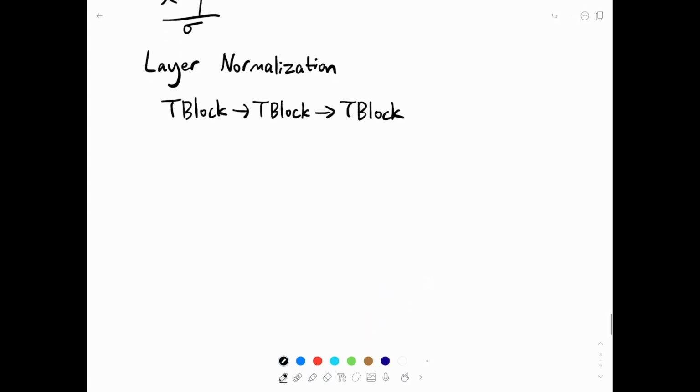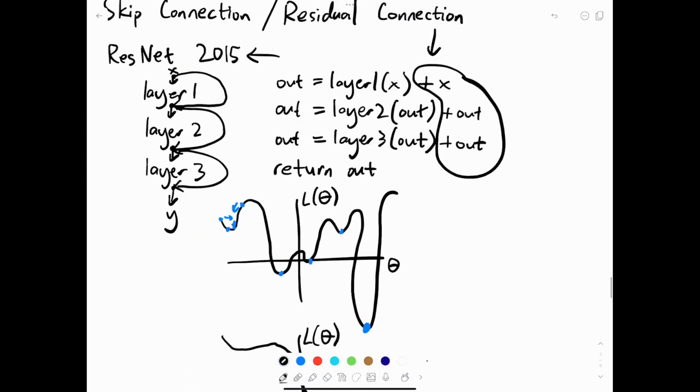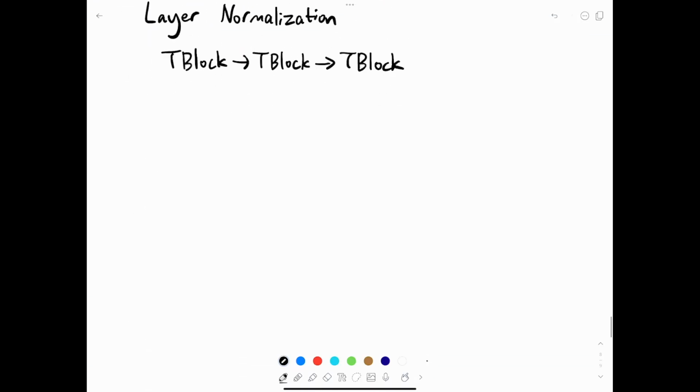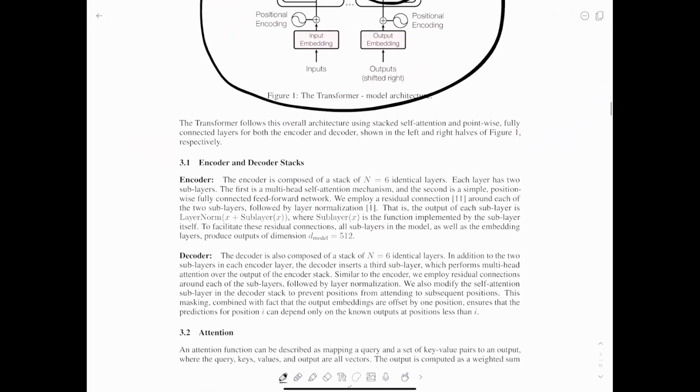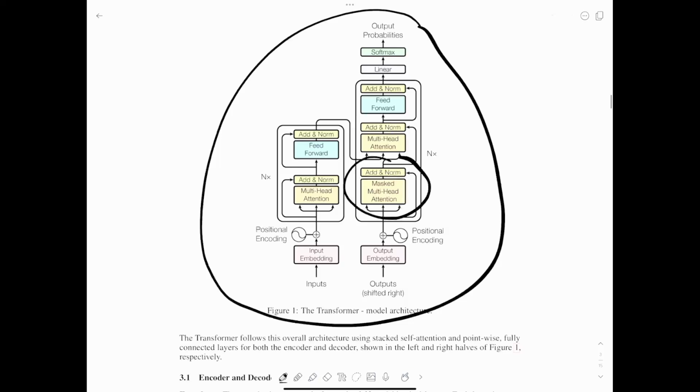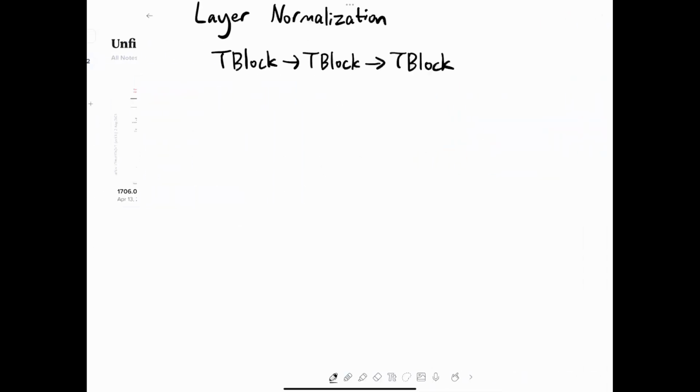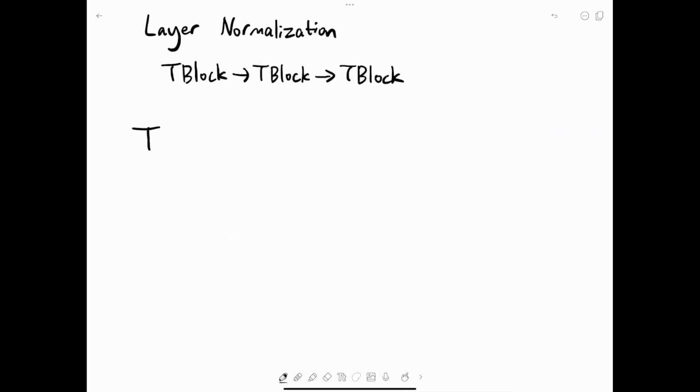Okay, so now we have add and norm, and the final thing we'll do is run through a feed-forward neural network. So we have this part. A transformer block really looks like this.